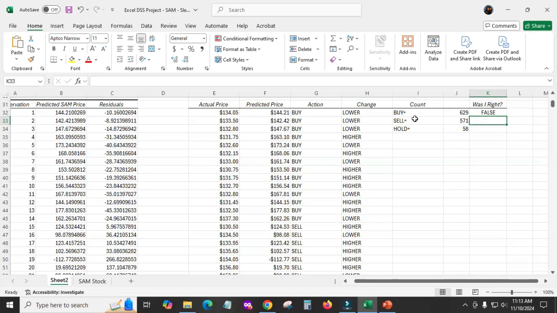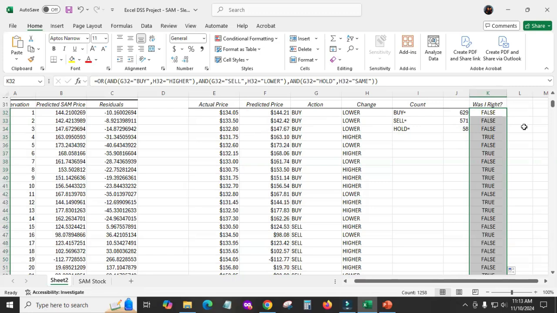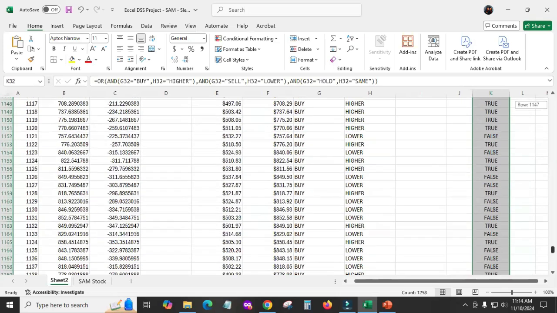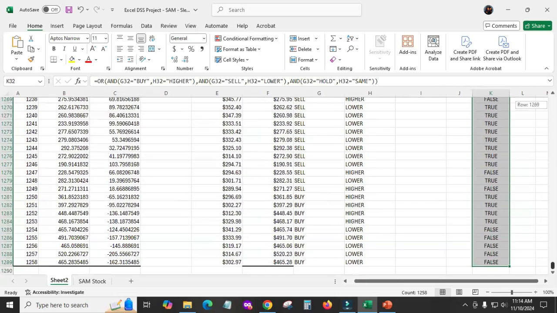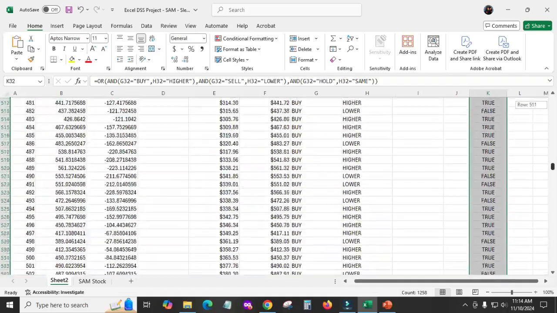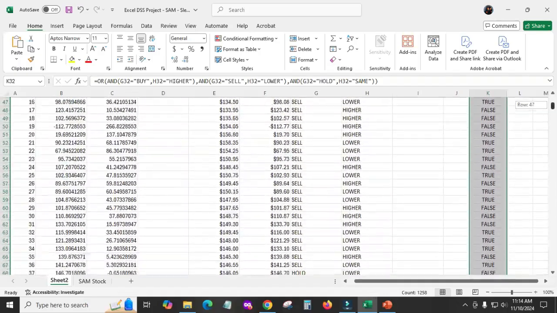So we start off the first 3 days with falses. We need to take this and copy it all the way down to the bottom, and make sure that it does go down to the last line in row 1289. If you can't double click it, click and drag it all the way down.